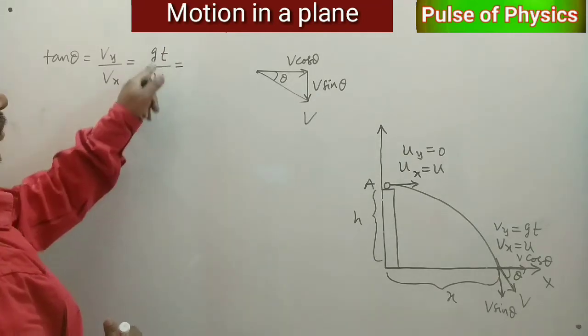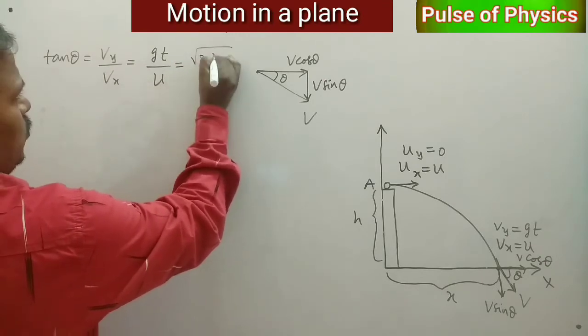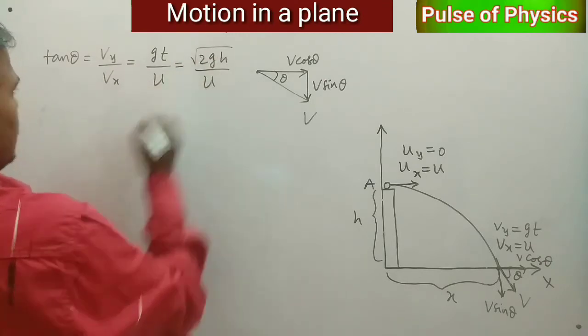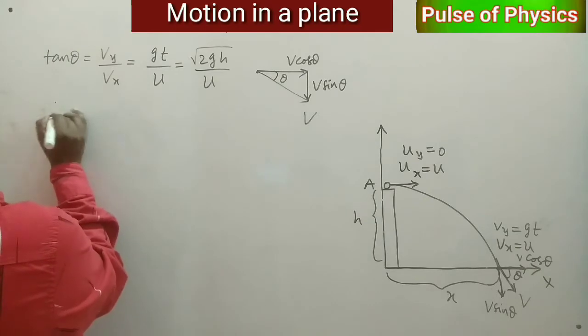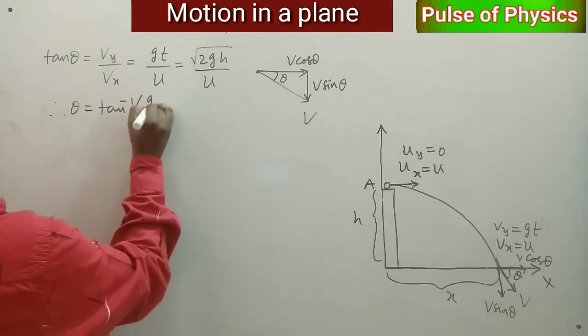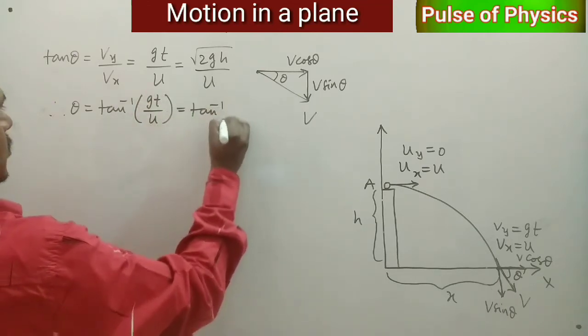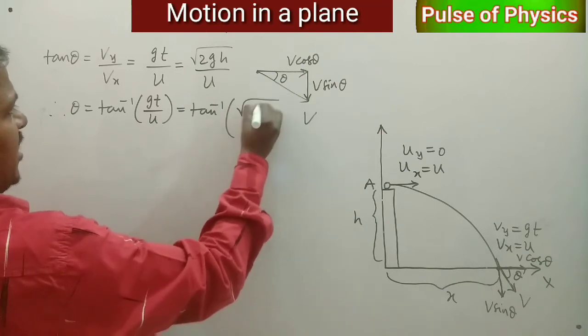Otherwise, t is equal to root 2h by g. I substitute this, we will get root 2gh by u. Therefore, theta is equal to tan inverse gt by u, or tan inverse root 2gh by u.